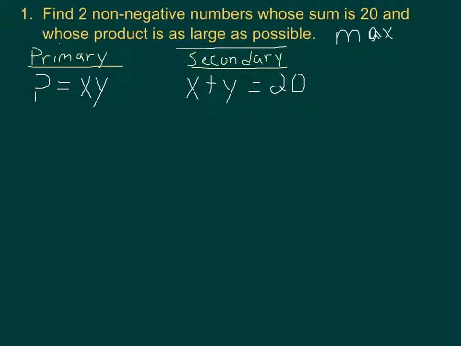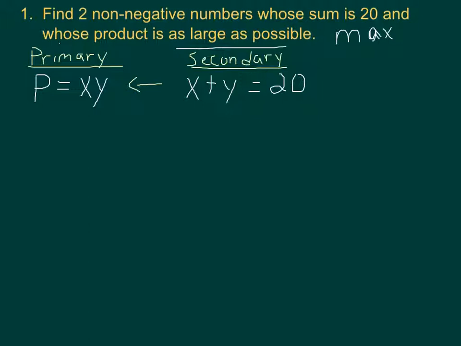See how we have X and Y in the product in our primary equation? I would prefer to have either only X or only Y so that I'm not having to deal with both of those when I take the derivative. So I'm going to use my secondary equation to write the primary equation in terms of just X or just Y, and you choose.